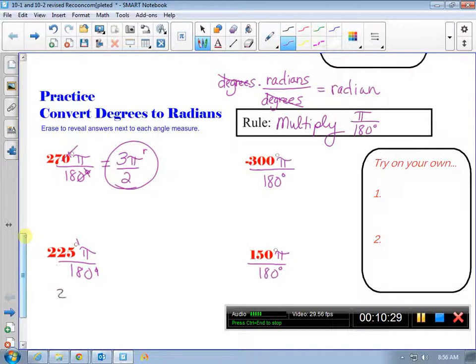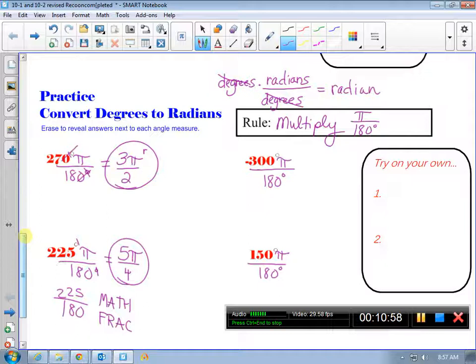You can actually put 225 over 180 in your calculator. Hit enter, and then remember our good old math frac. We'll make a nice fraction out of that if you'd like. Leave your answer in terms of pi. And you should have 5 pi over 4.